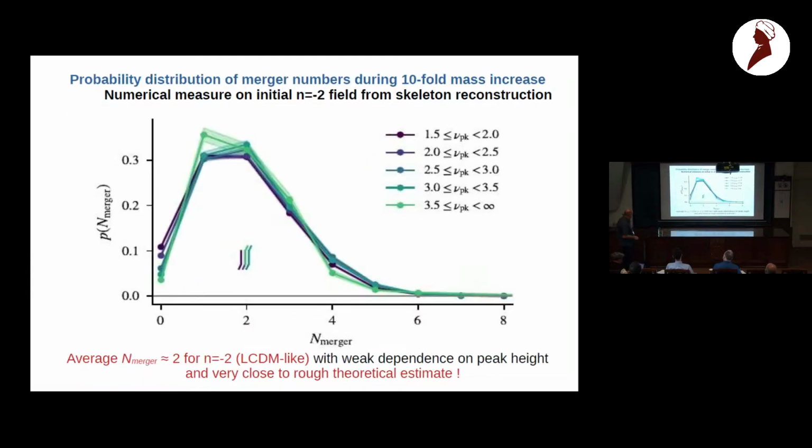And that is a final plot which tells us a distribution of the merger events by how many they have had, depending on the height of the peak, so rarity, how rare your halo is. And the dependence is not very strong. You do not have to have exactly 2 mergers.